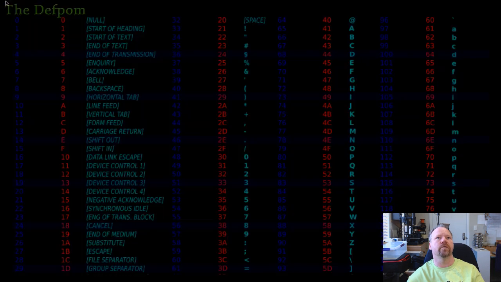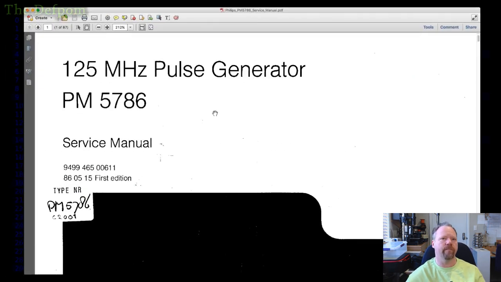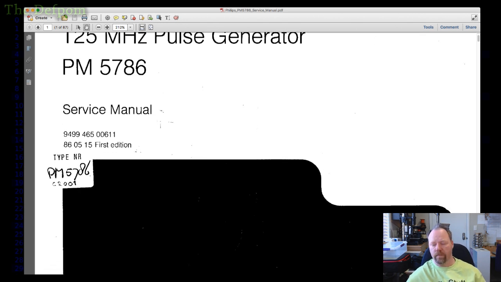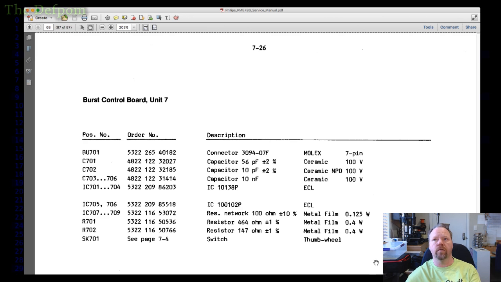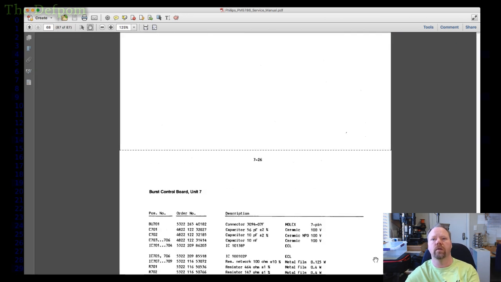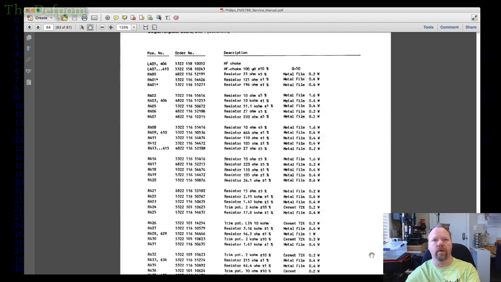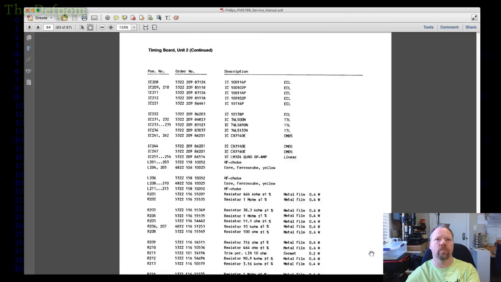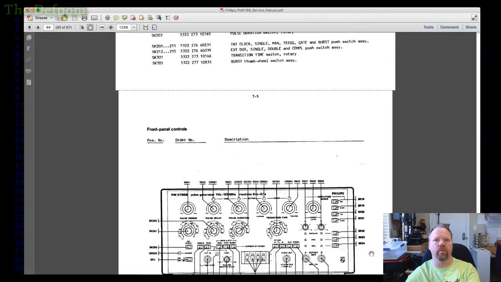Seems that pinwheel is useless, we'll get rid of that. Let's try this one. Let's go to the end of the manual and go upwards. Usually the diagram's right at the end. I was going to prove it wrong this time.